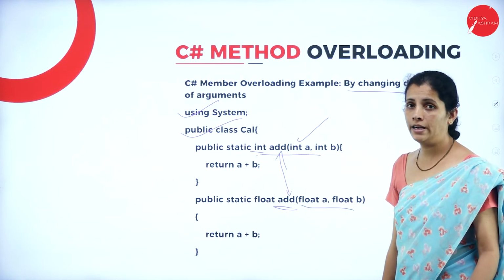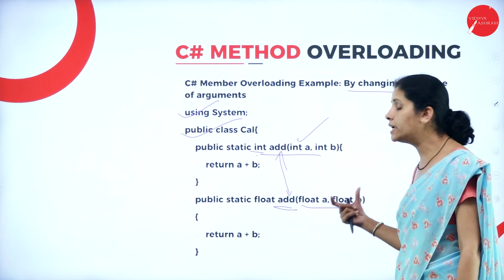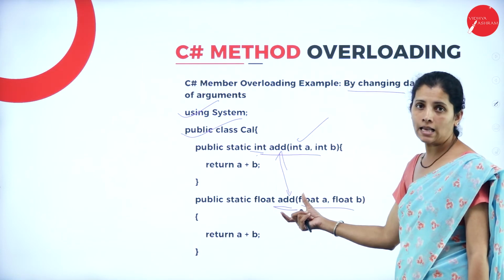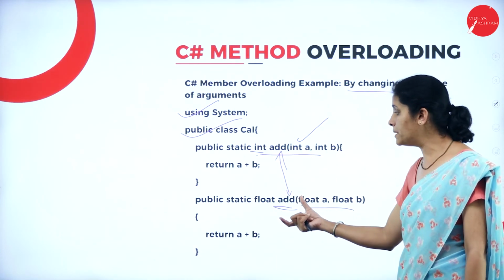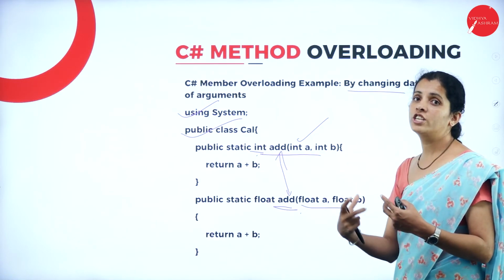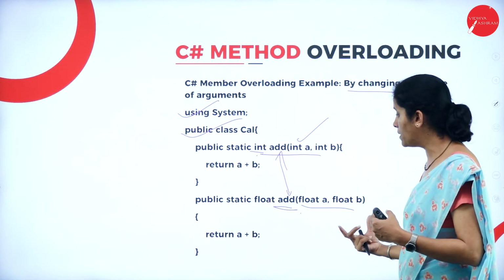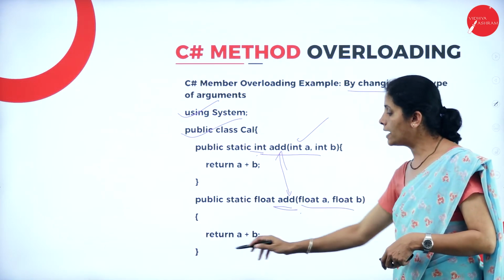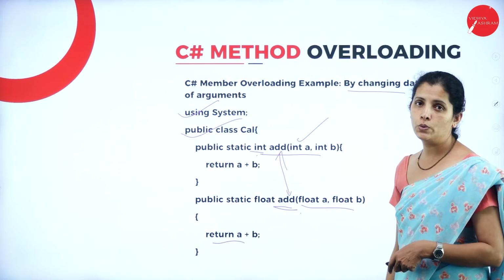It is different. Here I am going to use floating point. So dear student, the method name remains as it is, but I am going to modify the data type. The data type is float, and I am going to return the value.